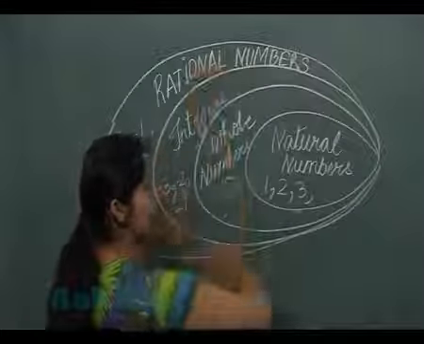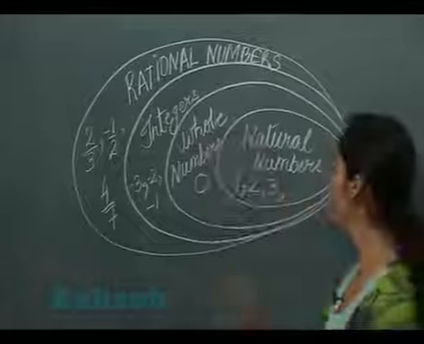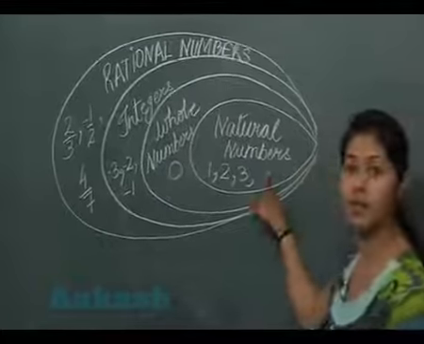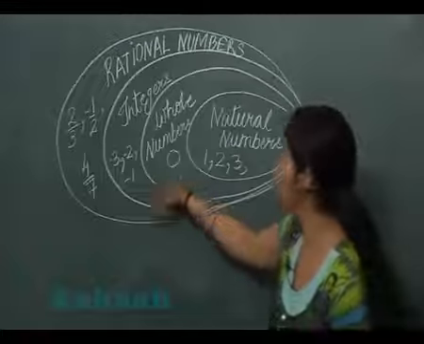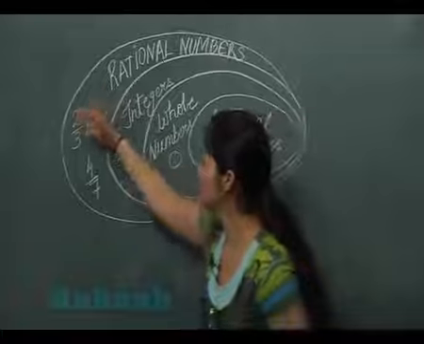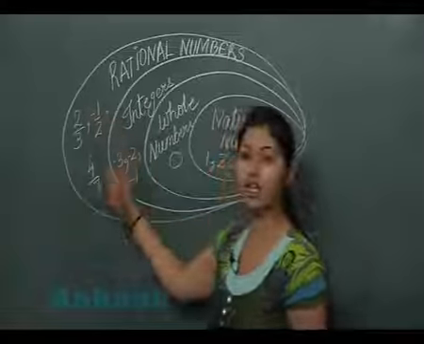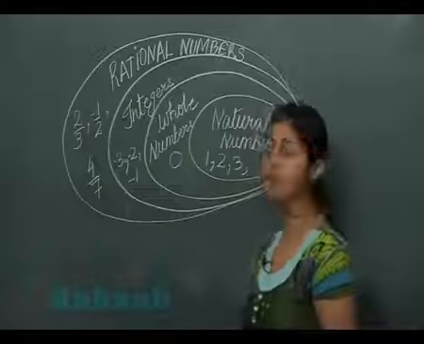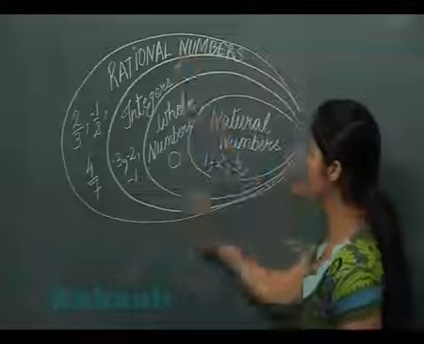So this is my set of rational numbers, which contains natural numbers, whole numbers, integers, plus numbers of the form p by q. Is this thing clear to you? So this is my set of rational numbers.